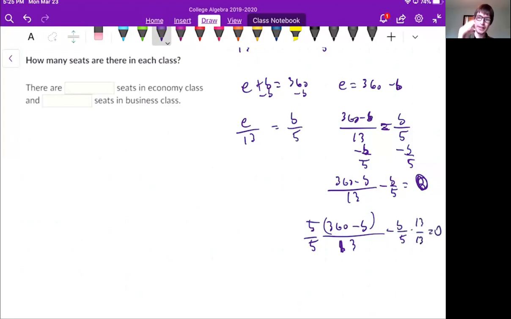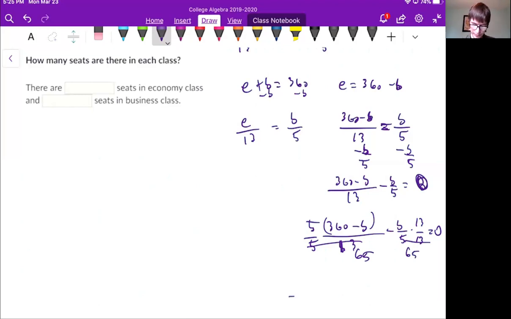And remember, I don't have to do anything on the right side of the equation because I'm just multiplying these things by 1, and so that's fine. So we're going to finish out this multiplication. The denominator is 5 times 13, which should be 65. So this is 65, and this is 65. That means we have a common denominator, which means we can combine them together.